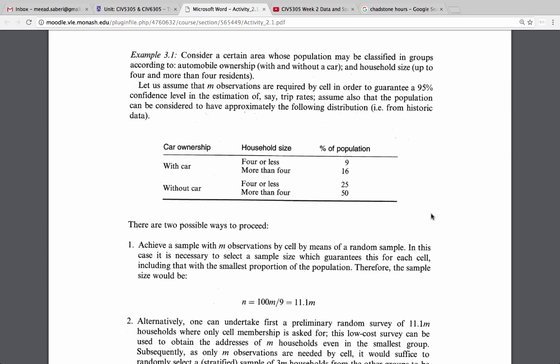So what we need to do is have a look at the smallest group, which is the 9% of population group, and make sure we have M observations from that group specifically. If we make sure we have M observations from that group, then we will also be sure that in the rest of the groups that are larger, we will have more than M. So the sample size would be M divided by 9%, which gives you 11.1 M.